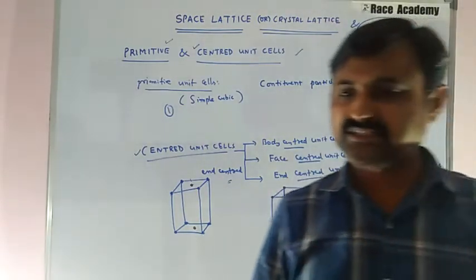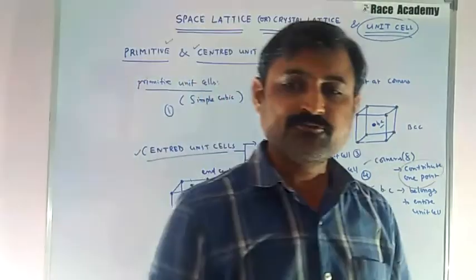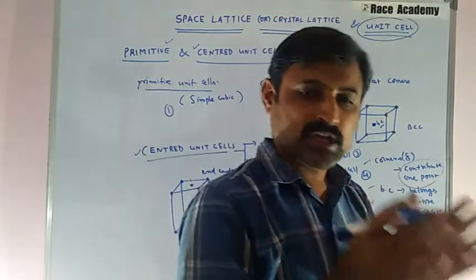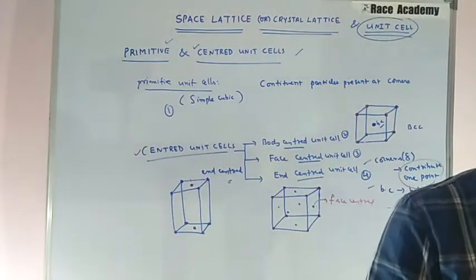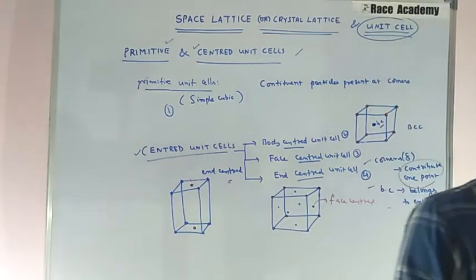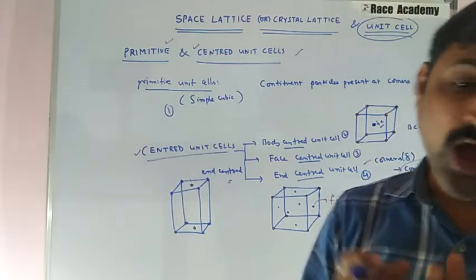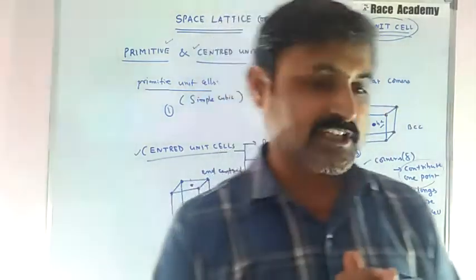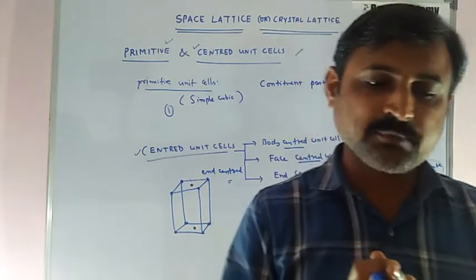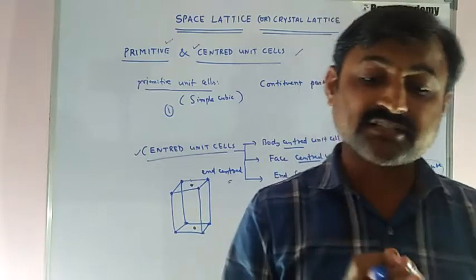Now let us see a few examples and some information related to the unit cells and how many kinds of unit cells are present. But before that, we have to talk about possible 3-dimensional unit cells. There are 14 such lattices noticed by Bravais, that's why we call them Bravais lattices.